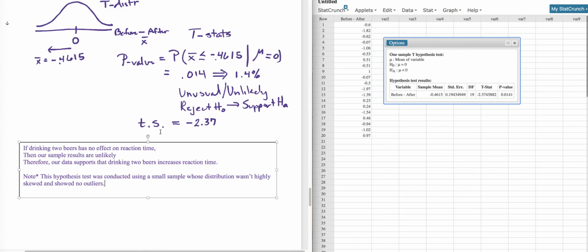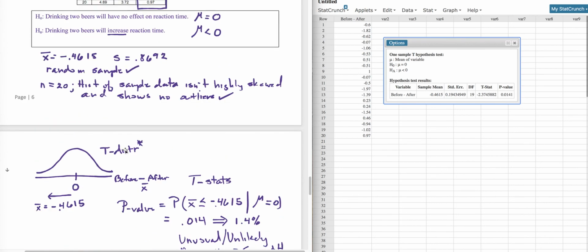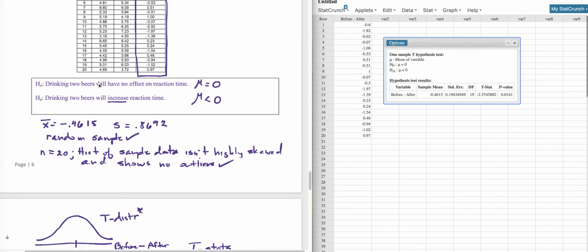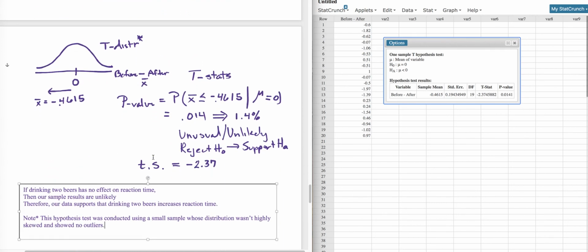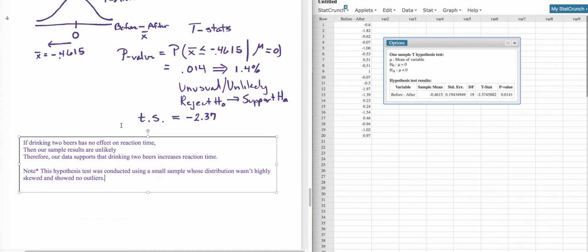All right, take a look at what I have, see if it is the same as what you came up with. If drinking 2 beers has no effect on reaction time, because that was our null hypothesis, then our sample results are unlikely. We know that because our test statistic shows we're far from center, and we have a very small p-value, a very small probability of our sample results happening.